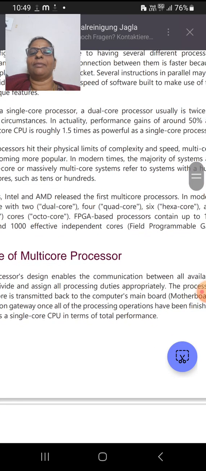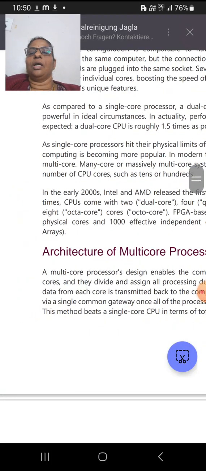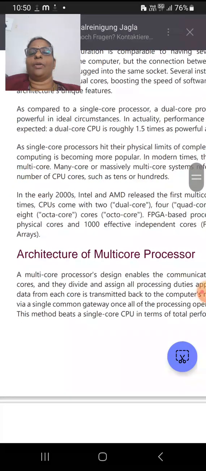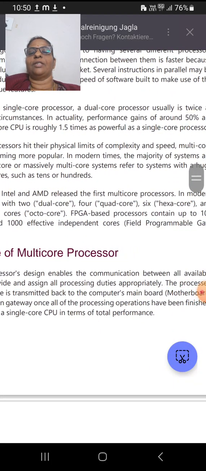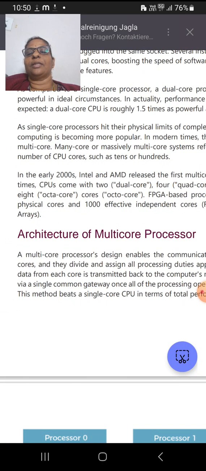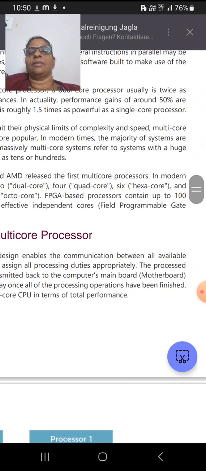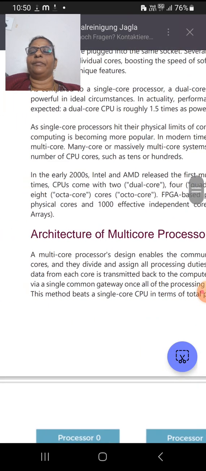In practice, performance gains of around 50% are expected, so a dual core CPU is roughly 1.5 times as powerful as a single core processor. Single core processors hit the physical limits of complexity and speed, and multi-core computing is becoming more popular.